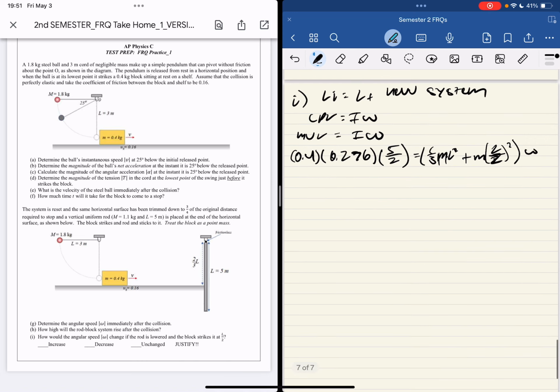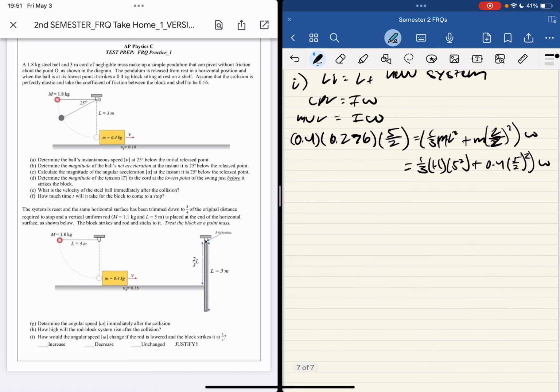I'm going to plug these in now. For the rod, it's 1.1, L is still 5, plus 0.4 for the block, and now it's 5/2 squared, omega. When we simplify all this down, it's going to be our omega final, 0.54 radians per second.